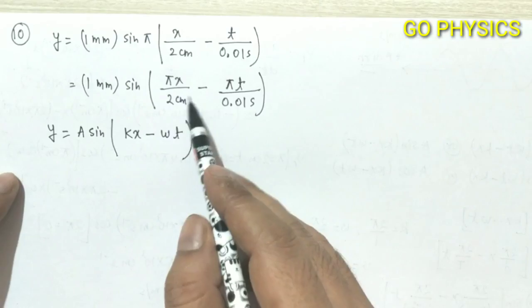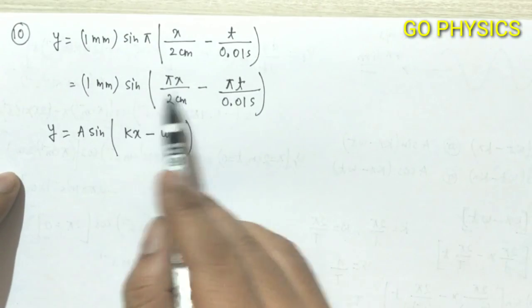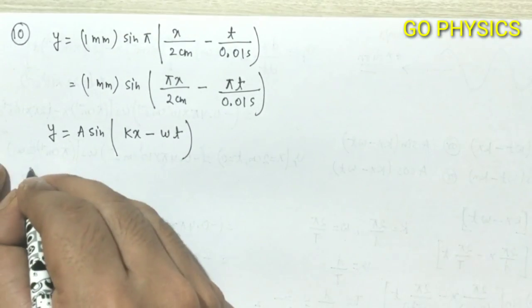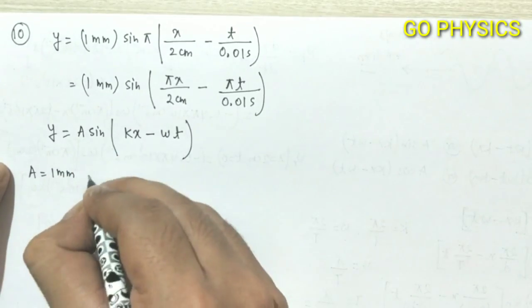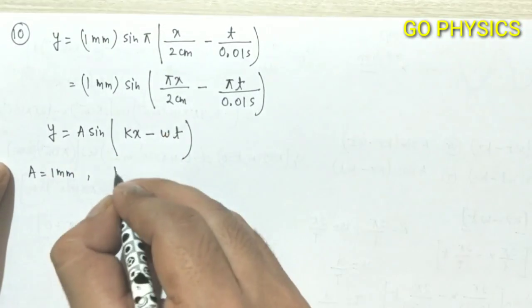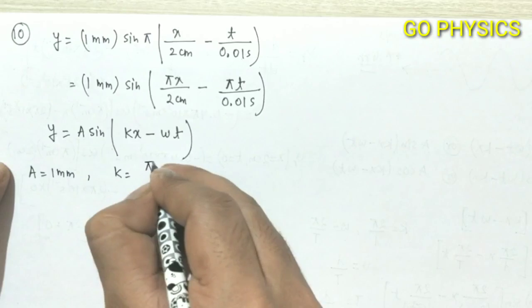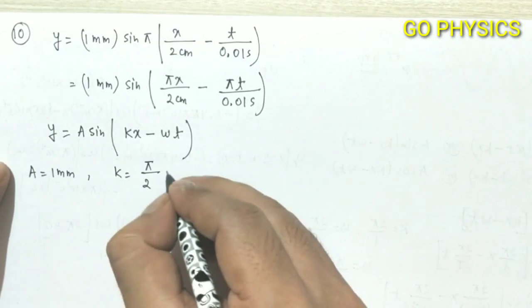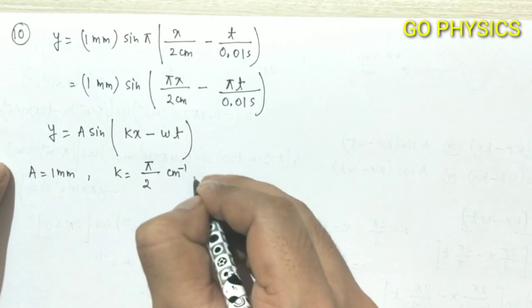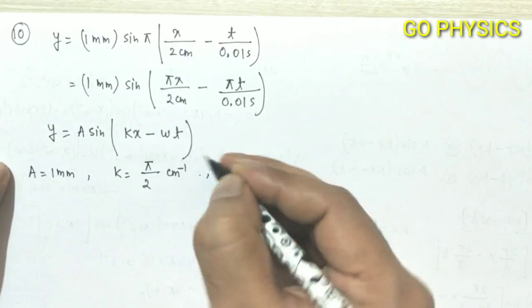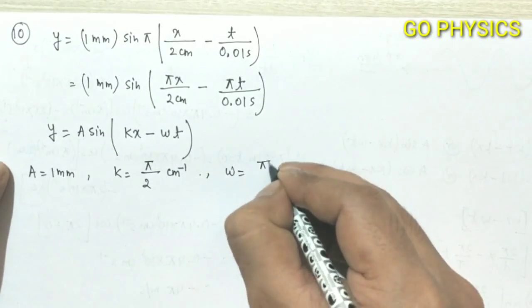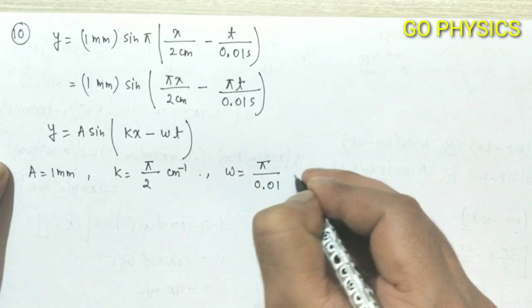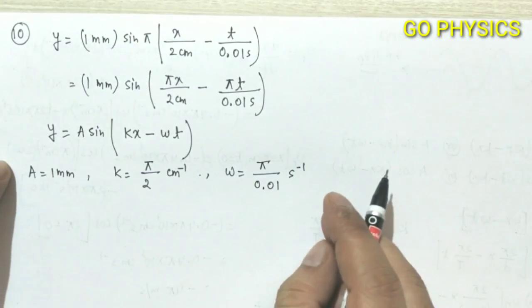Now if we compare the standard wave equation with the given wave equation, then we can say that the amplitude of the wave is 1 millimeter, wave number k equal to pi by 2 centimeter inverse, and omega equal to pi by 0.01 second inverse.